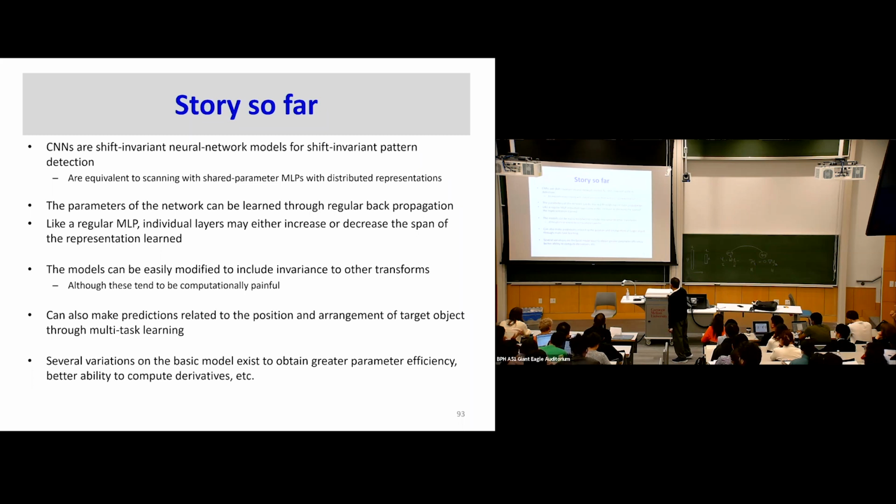The models can be easily modified to include invariance to other transforms, but these are computationally and logically and procedurally painful. And they can make predictions related to position and arrangement of target objects through multitask learning. And last but not the least, there are variations that exist to obtain greater parameter efficiency, better ability to compute derivatives, and so on. Yes, Nate?